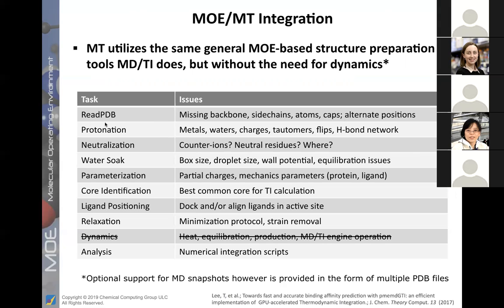And so you read the PDB, protonation, of course, neutralization, not required, but something certainly you can do, and so on and so forth. And of course, then this ligand positioning, which is the key aspect that we require. So again, having a single set of coordinates, we want to have as many coordinates as we possibly can as our starting points.